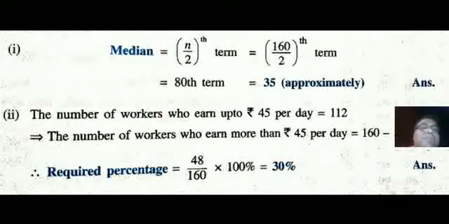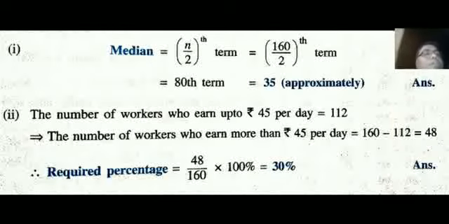The number of workers who earn more than 45 per day is 160 minus 112, that is 48. The percentage of workers getting more than 45 per day is 48 by 160 into 100, so you are getting 30%.